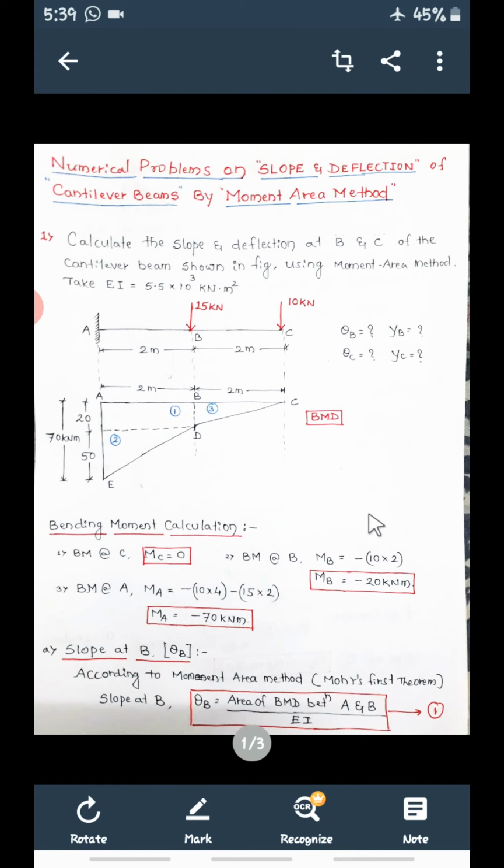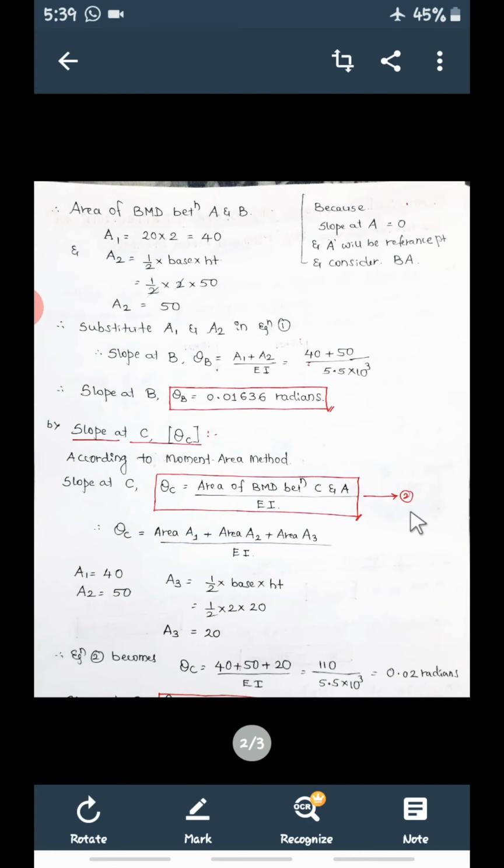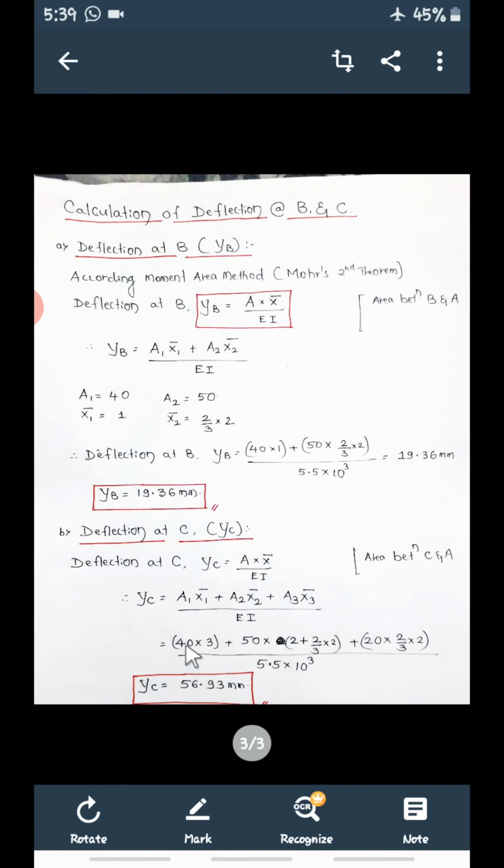So that is 3. So 40 into 3, plus 50, A2 is 50, into 2 plus 2/3 of 2.